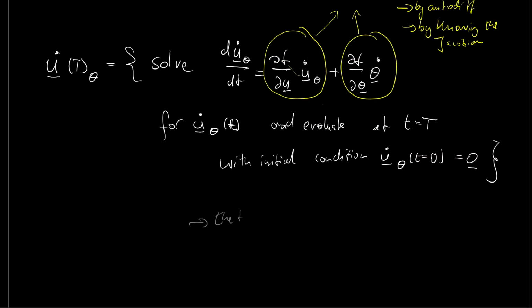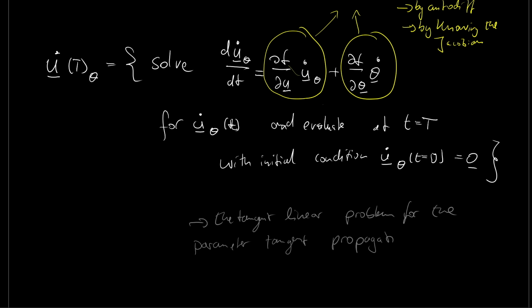So the tangent linear problem for the parameter tangent propagation, because we are still under point 1, is a linear ODE. And we can additionally observe that it is a forced linear problem. So we have a term here, this df by d theta times theta dot, which does not depend on the unknown in that ODE, which would be u theta dot.